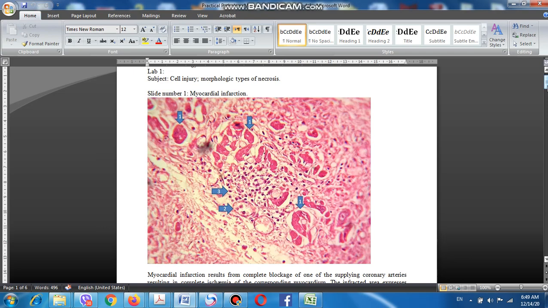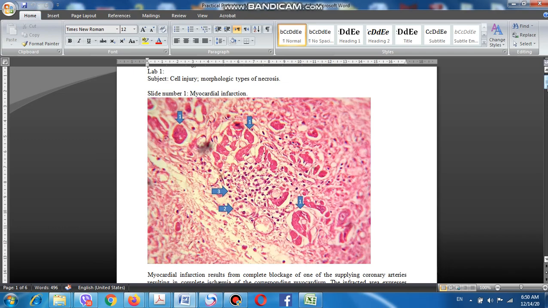The second cause is detachment of ribosomes from the rough endoplasmic reticulum, leading to deepening of eosinophilia, meaning the color of the cells becomes red. And the third cause is accumulation of inorganic phosphate due to degradation of ATP to ADP.